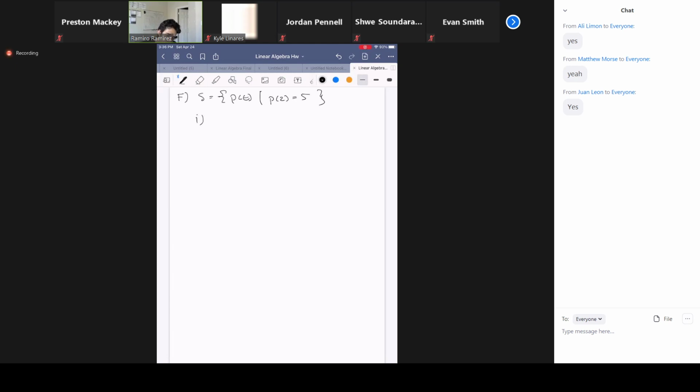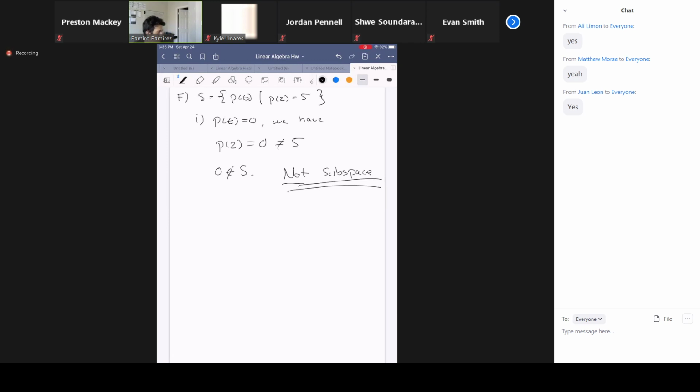Well, for P of t equal to 0, we have that P at 2 is equal to 0, which is not 5. So 0 is not in S. So it's not a subspace. Okay, and you're finished with that one, basically.